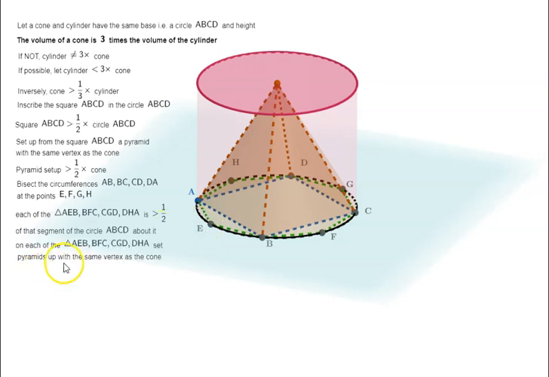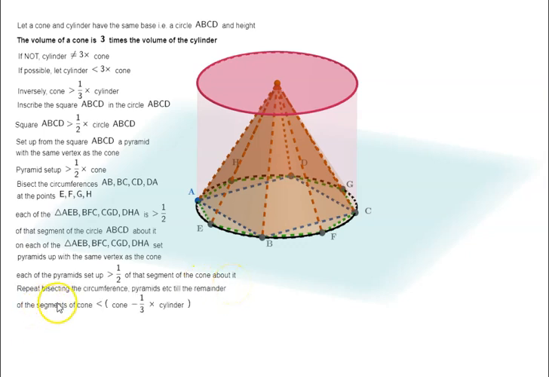And on each of the triangles, set up pyramids with the same vertex as the cone. So on these triangles, we set up a pyramid so that we end up with a pyramid on a polygonal base. Each of the pyramids set up is going to be greater than half of that segment of the cone about it.